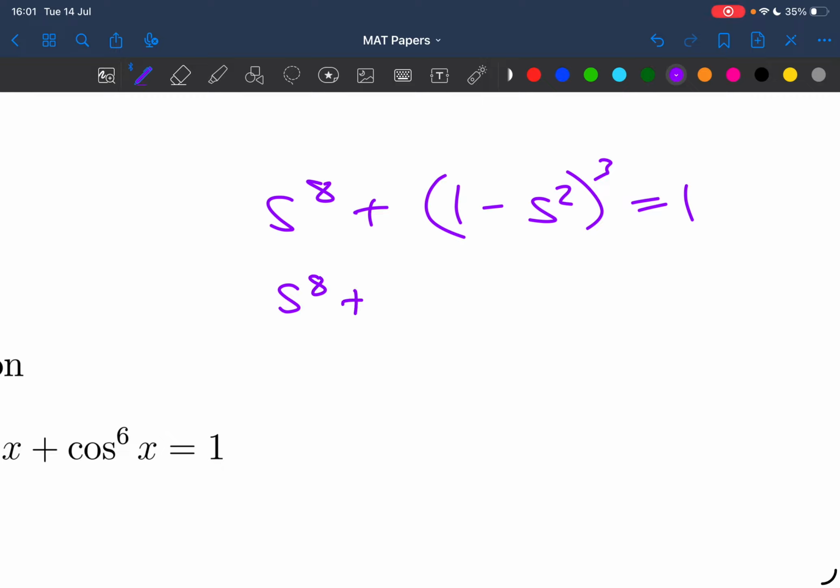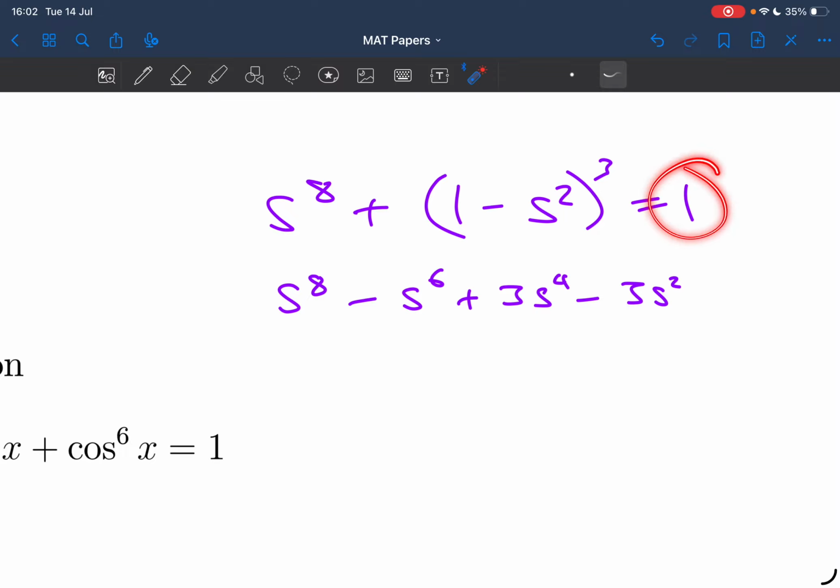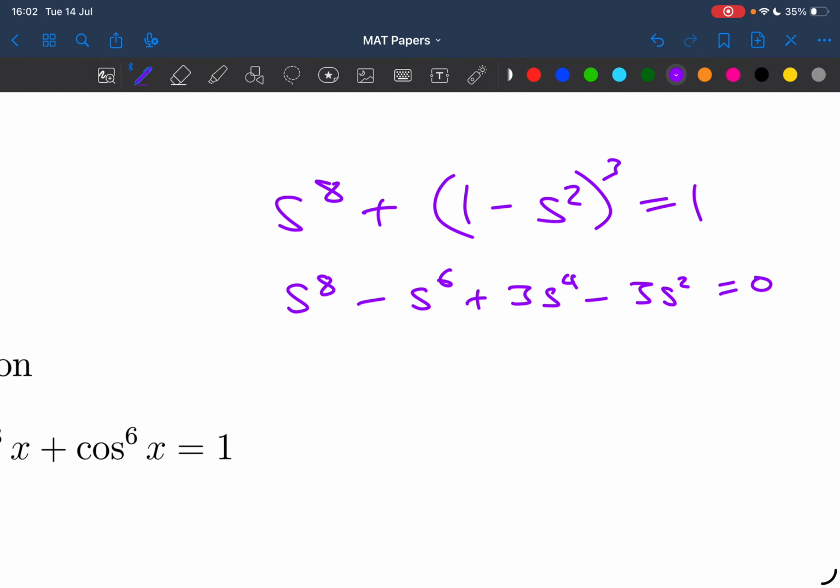Sine to the 8 minus sine to the 6 plus 3 sine to the 4 minus 3 sine squared. We'll have a plus 1, but with that plus 1, they'll cancel off. So that's all equal to 0. So we can take some sine squared out the front. We'll have sine to the 6 minus sine to the 4 plus 3 sine squared minus 3.